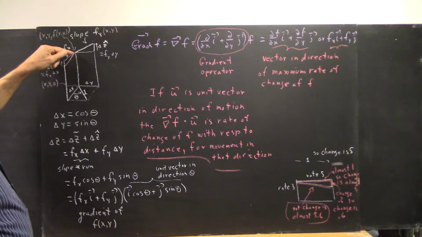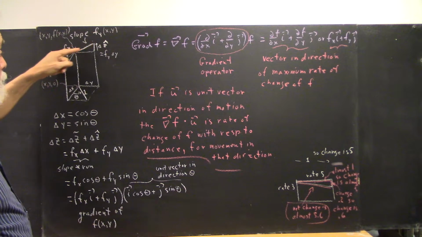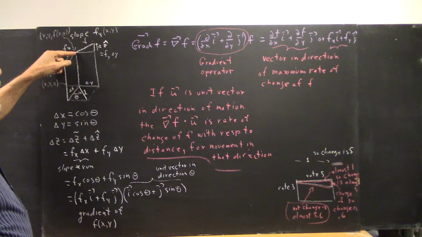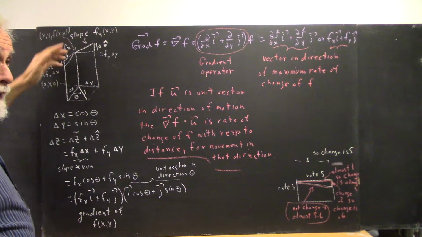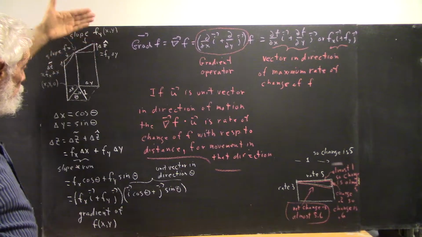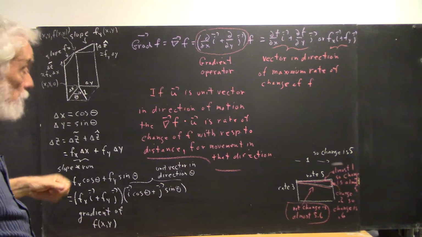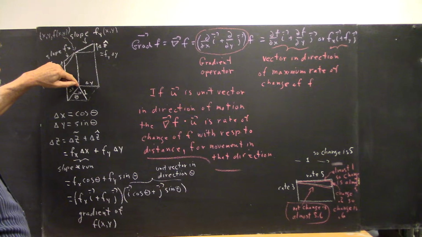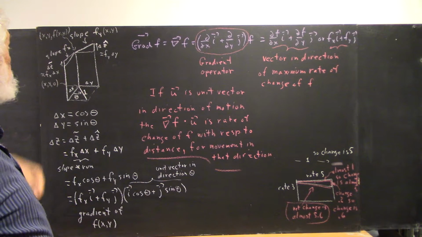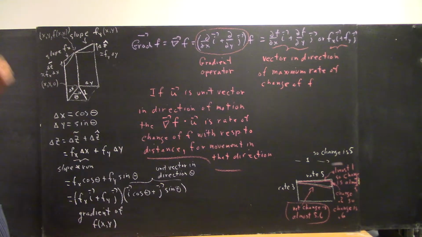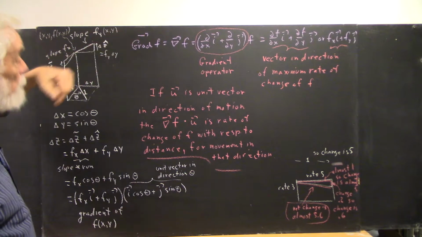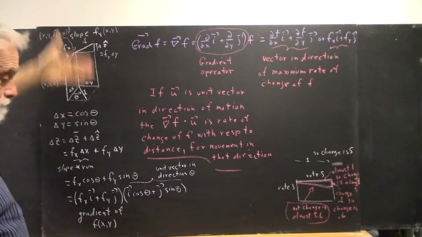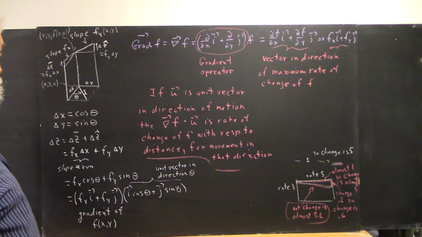And the slope of this triangle here is just the slope of that curve as it passes through this point. Remember, that curve is confined to a plane parallel to the yz plane through this point. So we multiply that slope, and of course that slope is the derivative of that function confined to the plane parallel to the yz plane.